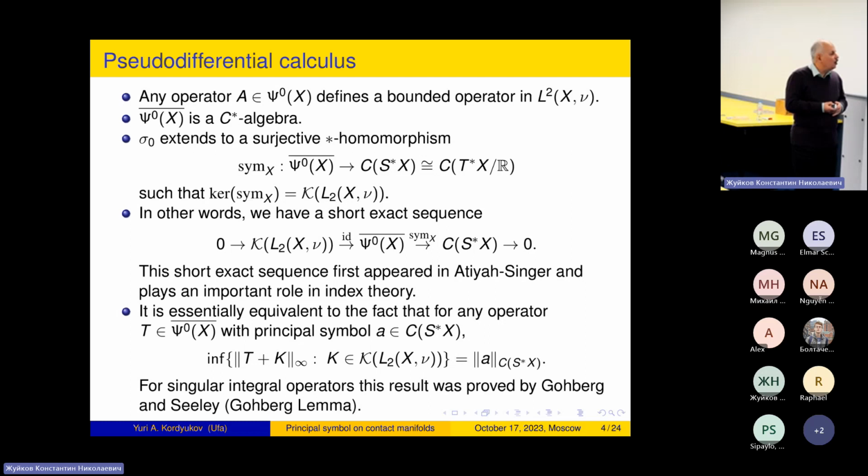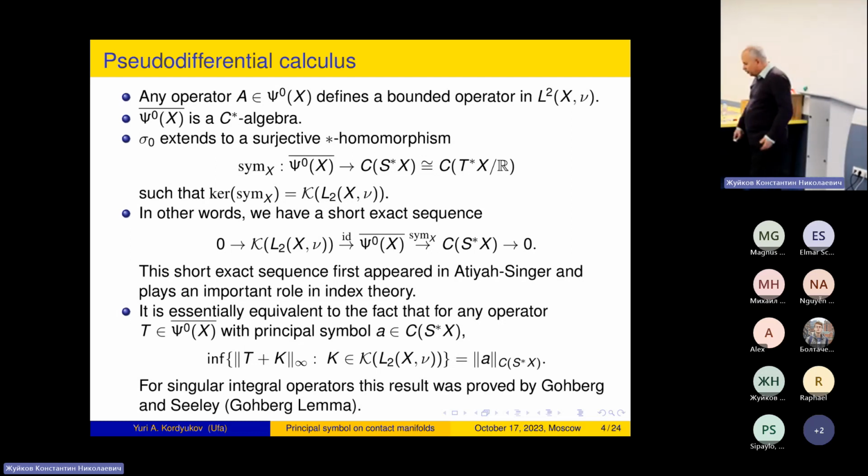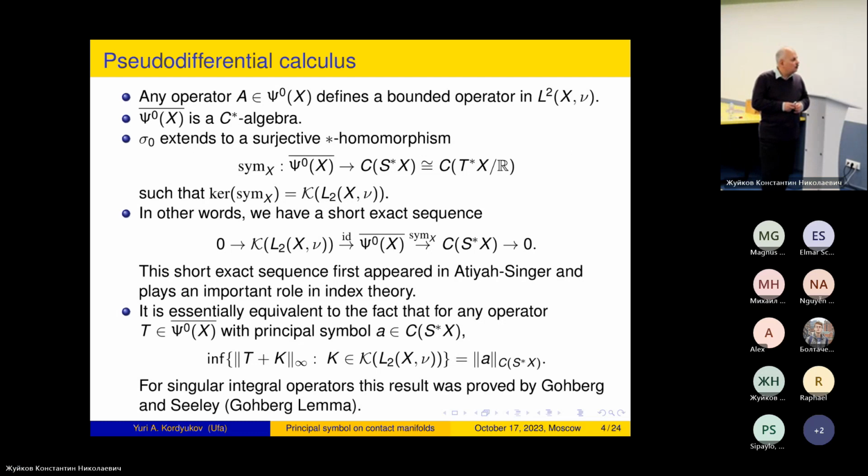And we can formulate this property saying that we have a short exact sequence. And this is a famous short exact sequence in pseudo-differential calculus. And this sequence first appeared in the initial paper by Atiyah and Singer on the index theorem, and it plays an important role there. So once we have such a short exact sequence, we can consider the associated sequence in K-theory and so on.